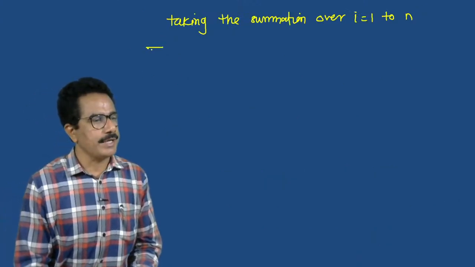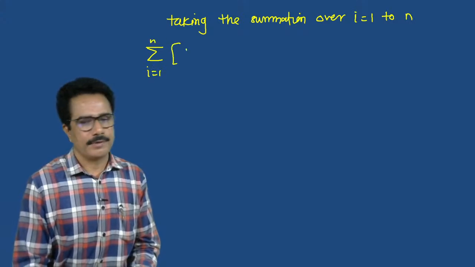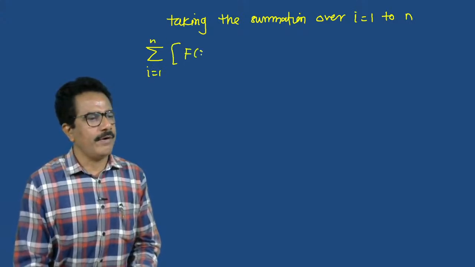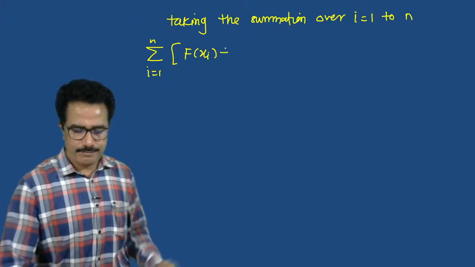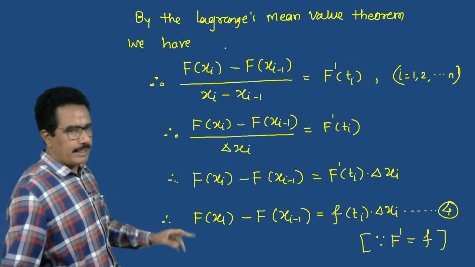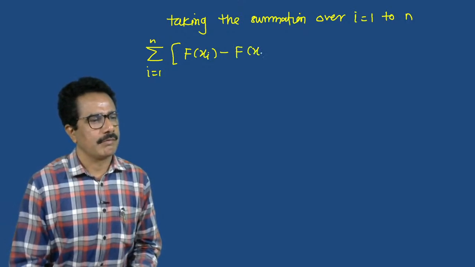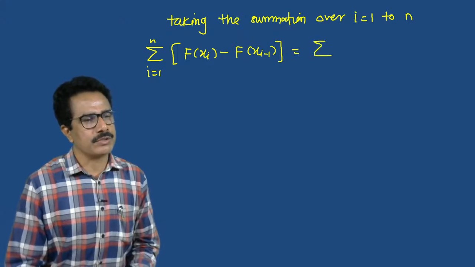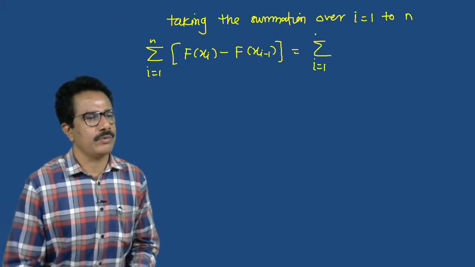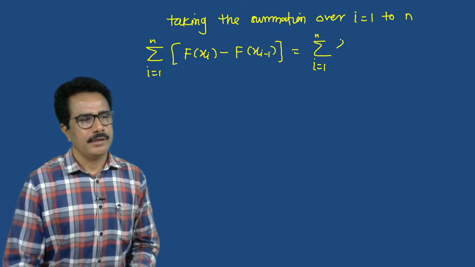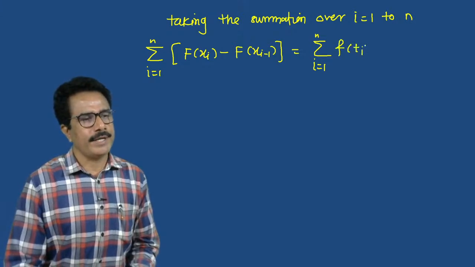So summation i equals 1 to n of capital F of xi minus capital F of xi minus 1 equals summation i equals 1 to n of small f of ti into delta xi.